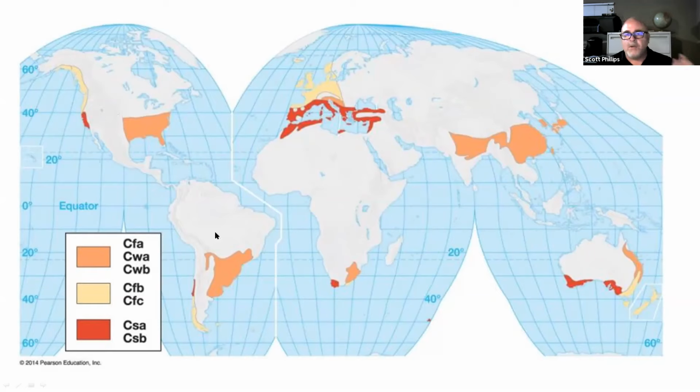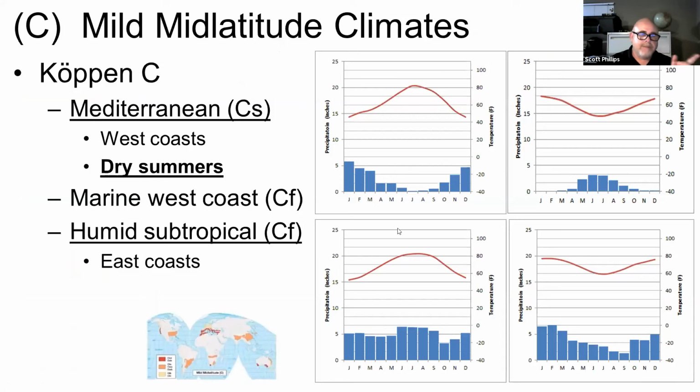The reason why I've chosen those two is because they're easy to distinguish from one another. And what distinguishes Mediterranean, and we'll get into the southern hemisphere part in a moment, but let's look at the ones on the left here. What distinguishes Mediterranean from other types of climates is that Mediterranean is all about the seasonal pattern.